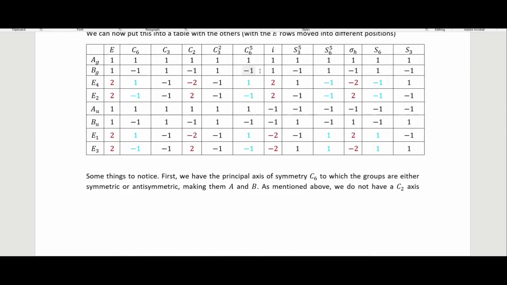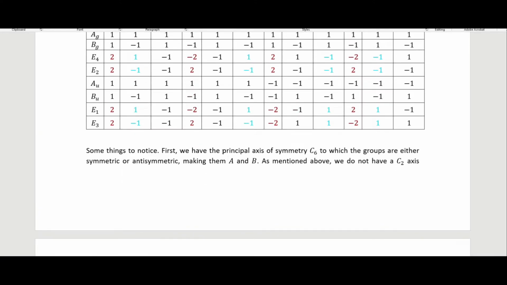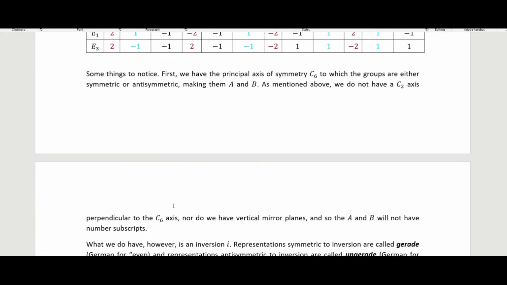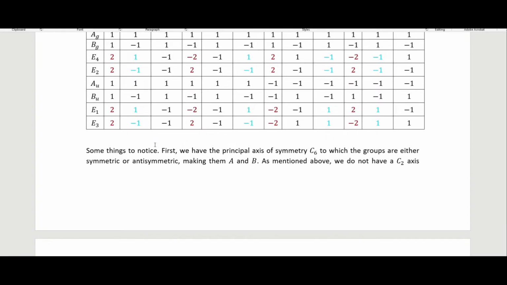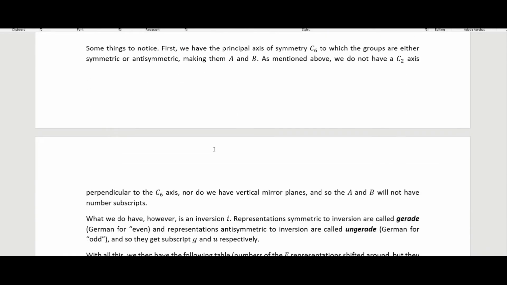And we don't have any C2 axes perpendicular to this, nor do we have any vertical mirror planes. And so we won't have any number subscripts on our A's and B's here, because the numbers are referring to the perpendicular C2s or the reflection planes.